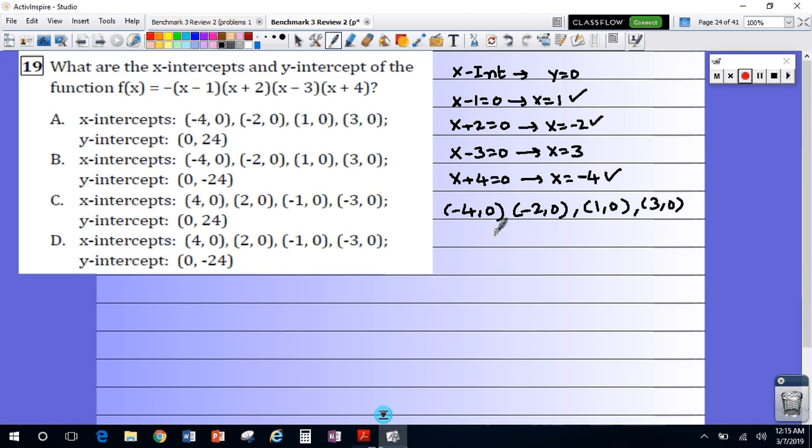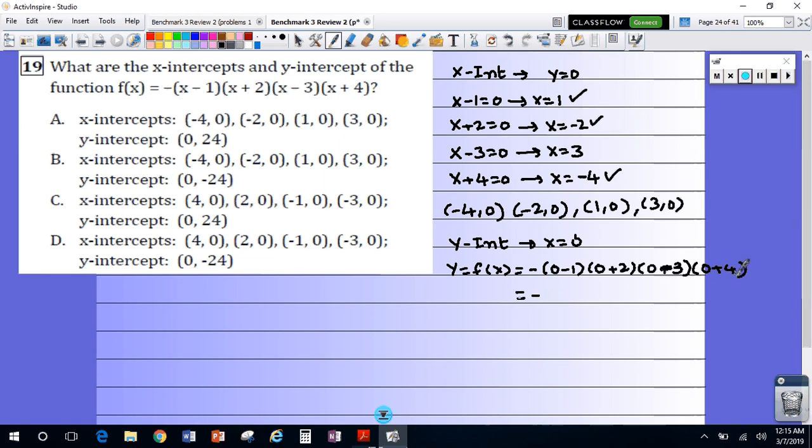Now, if you want to get the y-intercept, then we have to plug in x equals 0. So y equals f of x equals negative of (0 minus 1)(0 plus 2)(0 minus 3)(0 plus 4), which equals negative.